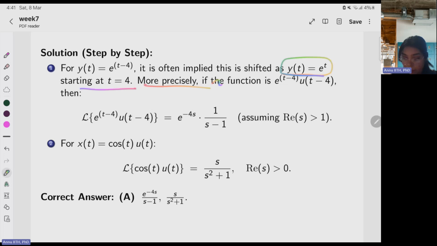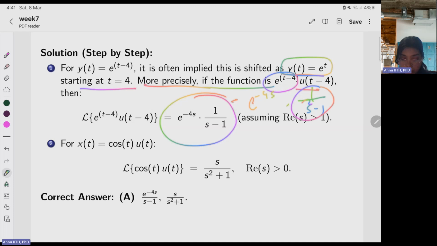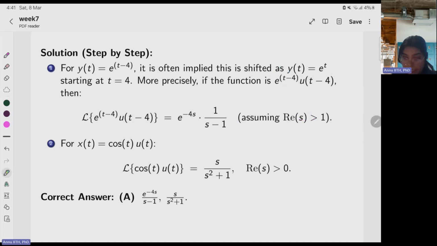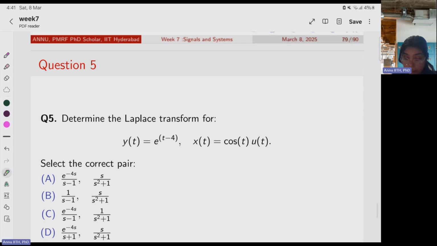More precisely, if the function is e power t u(t minus 1), then it would be like this. Simply, e power minus 4s times 1 upon s minus 1. Simply. But it is often implied, if it is t minus 4, it is u(t minus 4) also.